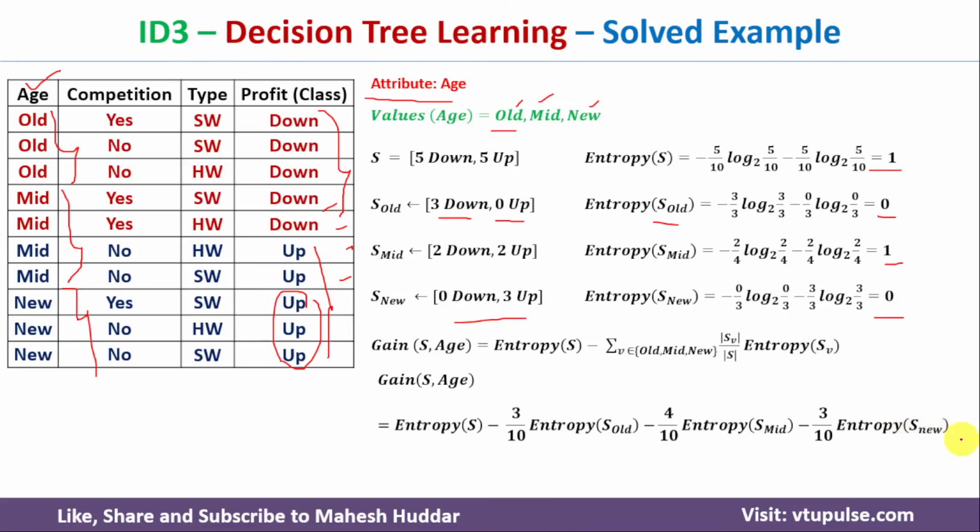We already found all these values, we just need to put them in and calculate. Once you calculate, we get the information gain for the attribute age equal to 0.6.